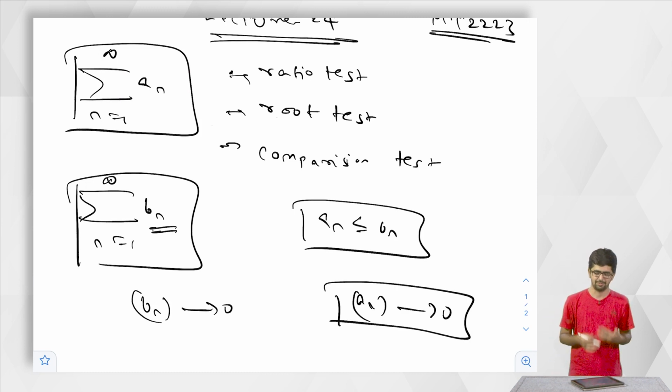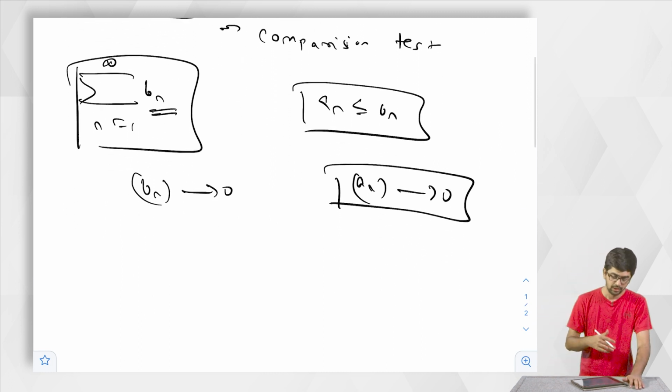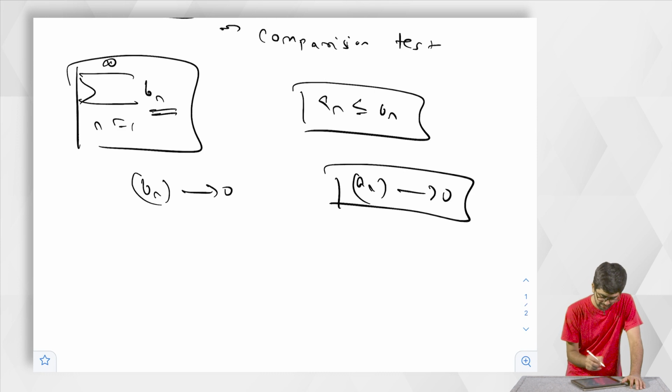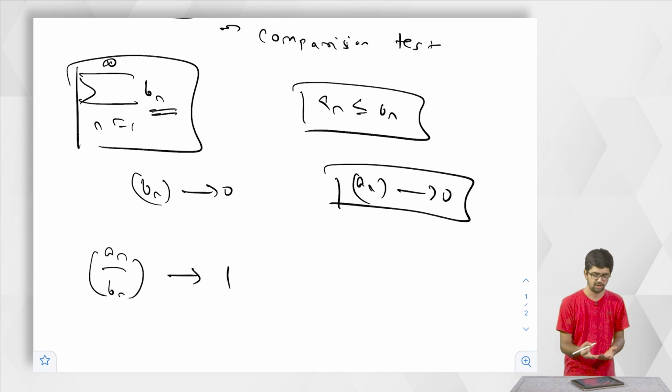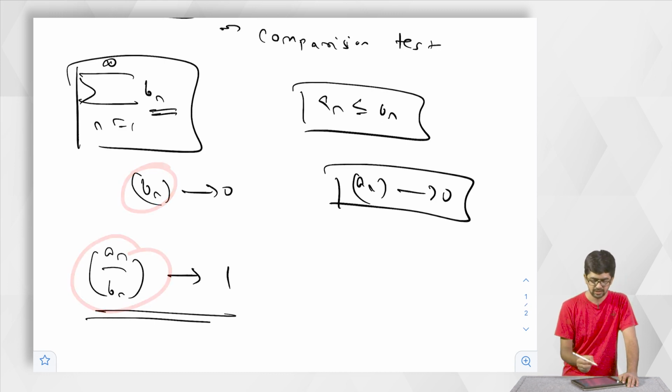To ask yourself, not me. Yes, one of the properties is the following. Let us assume that An by Bn goes to 1. 1 is not special, any element is fine. Then we have two sequences that are convergent, with the limits being 0 and 1.